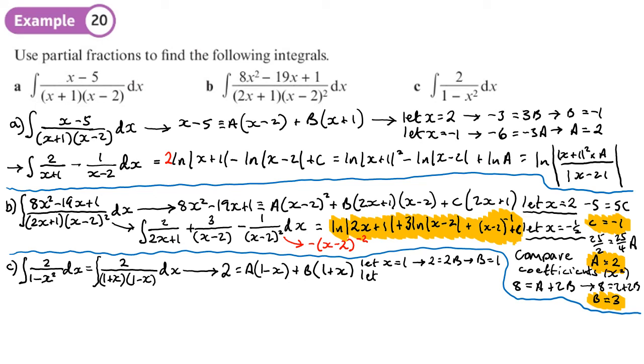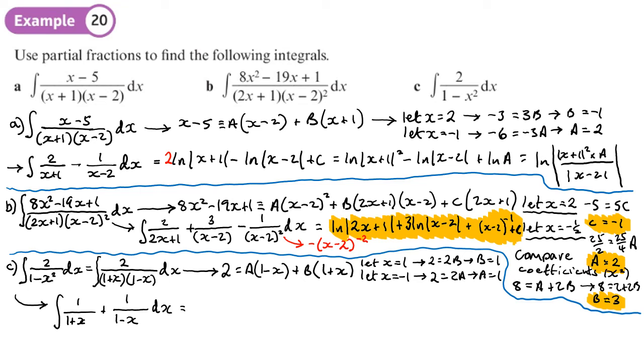If we let x equal negative 1, we'll have 2 equals 2a, 1 minus negative 1, so a equals 1 as well. Nice and easy. So our integration becomes integrating a, which is 1, over 1 plus x, plus b, which is 1, over 1 minus x dx.